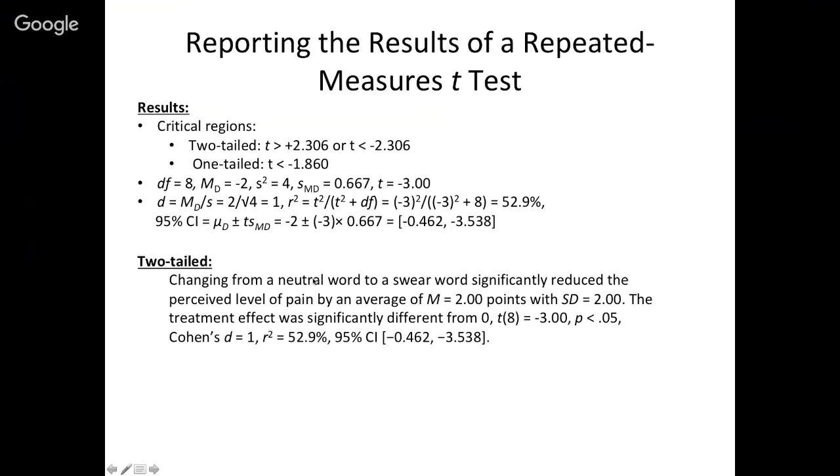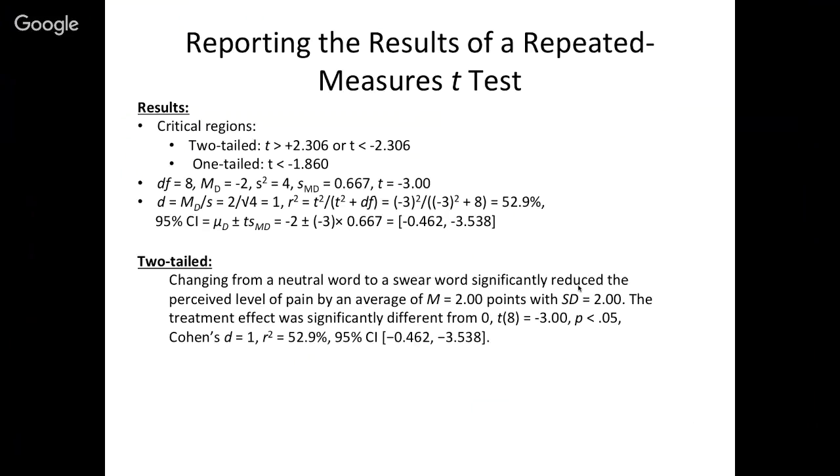This is treatment condition 1 and treatment condition 2. Here is the direction, significantly reduce the perceived level of pain. Here is not an inferential stat.